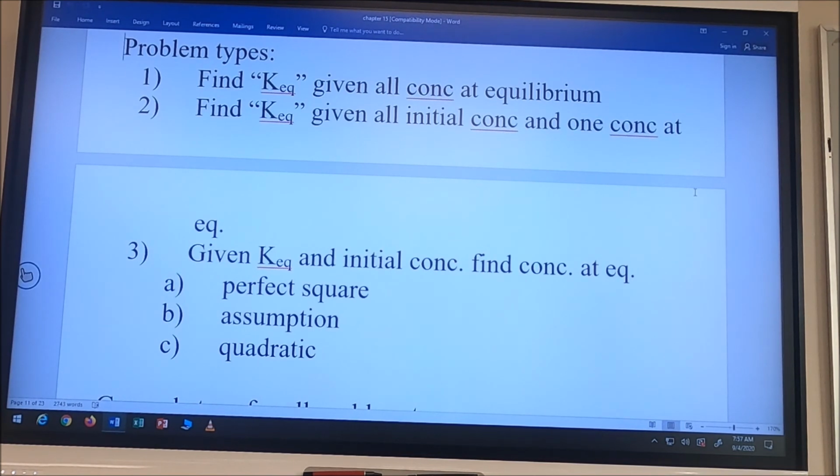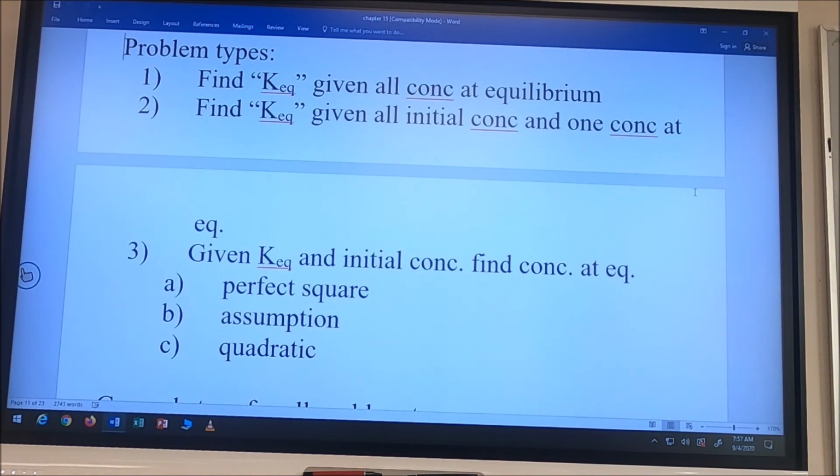The second is finding the equilibrium constant given all initial concentrations and one concentration at equilibrium. Now that's a more atypical way to calculate an equilibrium constant, because if we're monitoring concentrations in a chemical reaction, we usually can only monitor the concentration of one of the components over the course of the reaction.